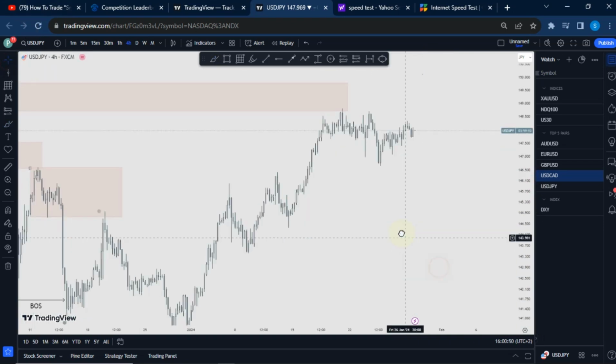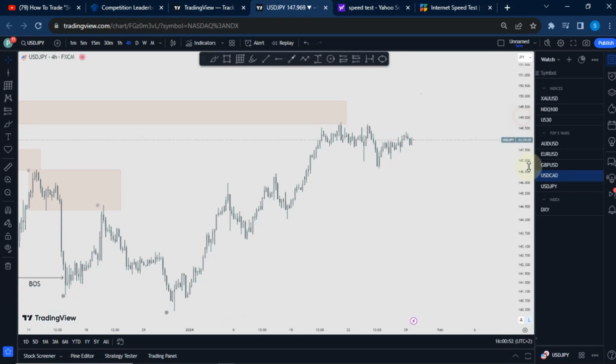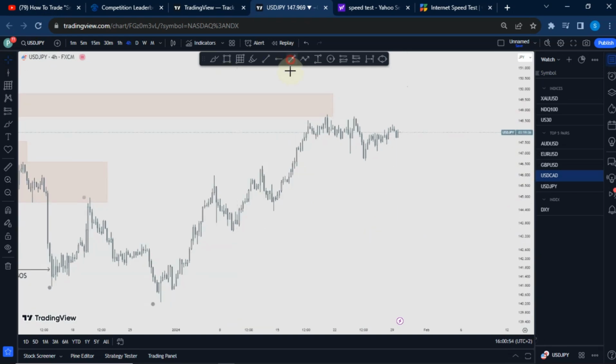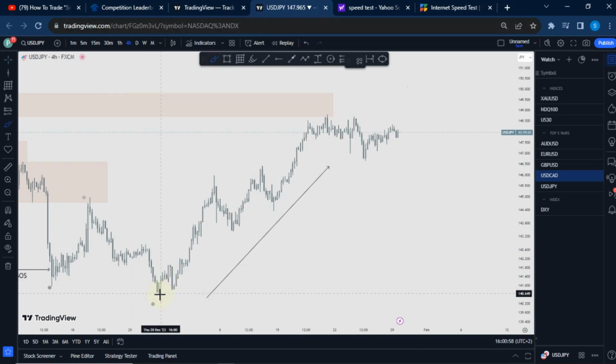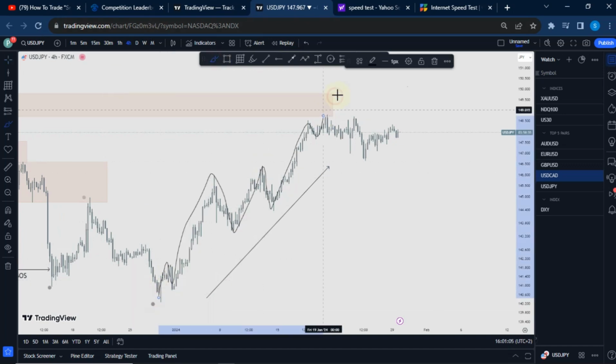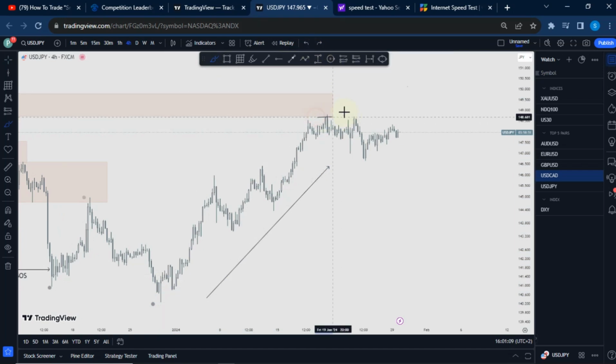Remember that price has been moving in an uptrend, right? Price has been creating higher highs, higher lows. So we cannot just take a sell here. We need to wait for a change of character, which I spoke about in part 1.